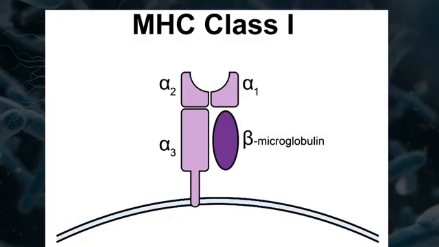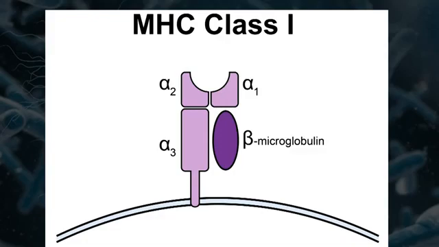Beta 2 is an extracellular microglobulin protein molecule. It attaches to the three domains of the alpha chain non-covalently. Beta 2 microglobulin is not encoded inside the MHC molecule. Alpha 3 and beta 2 are immunoglobulin-like molecules.